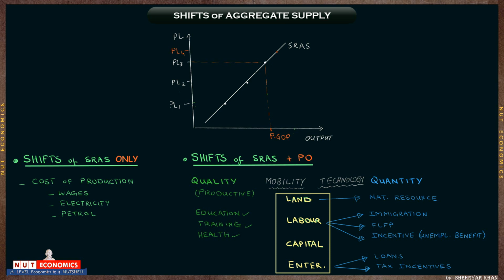Now, by technology, remember, we don't mean here IT and things like computers and all of these IT-related things. What we mean by changes in technology are some broad level changes in how a country or an economy carries out the process of production.